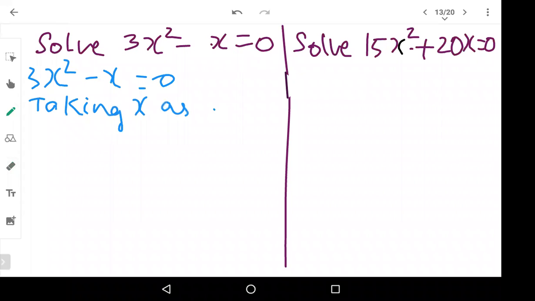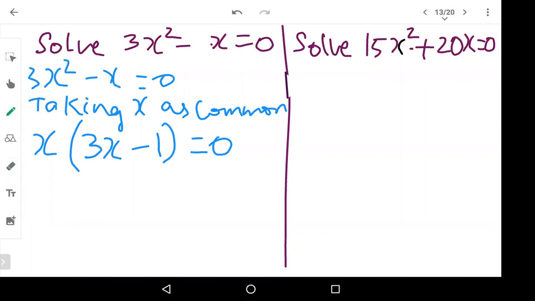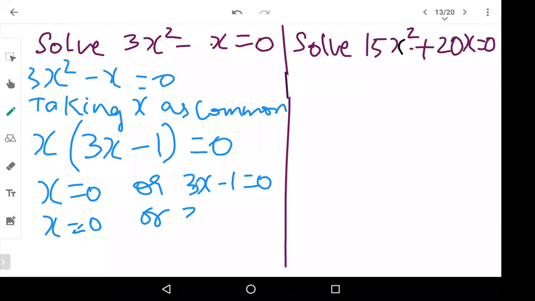Since it is the first problem, I'm writing it. If you take x as common, you will have x times 3x minus 1 is equal to 0. Which in return means x is equal to 0 or 3x minus 1 is equal to 0. So x is equal to 0 or 3x is equal to plus 1. x is equal to 0 or x is equal to 1 by 3.